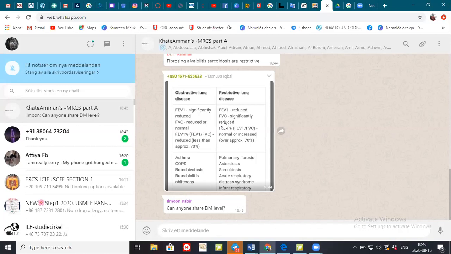Here it is written that in restrictive diseases, FEV1 is reduced and FVC is significantly reduced. See the picture, you will understand. Yes, I got your question.